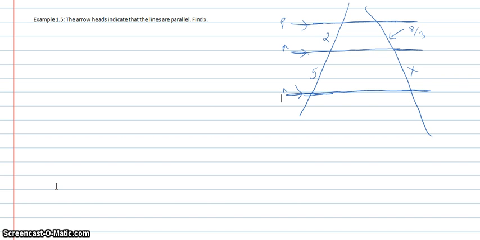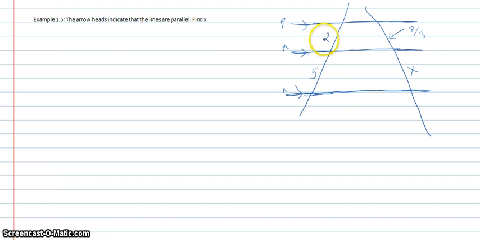In example 5 of lesson 1, the arrowheads here indicate that these are parallel lines, and what we're going to do to find x is find out what scale factor I need to multiply 5 by.